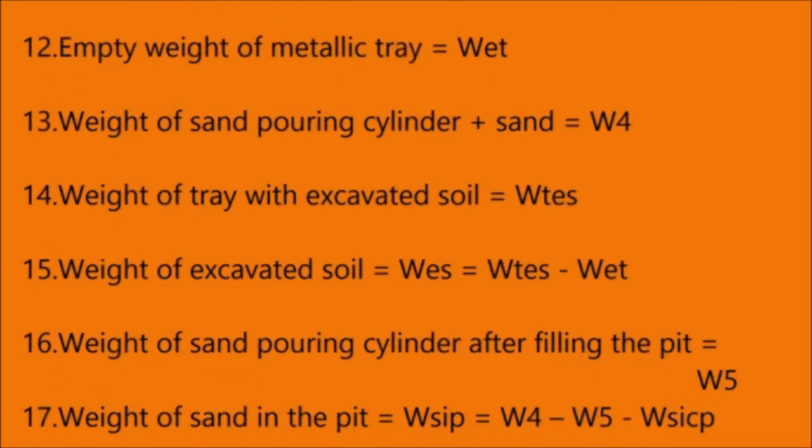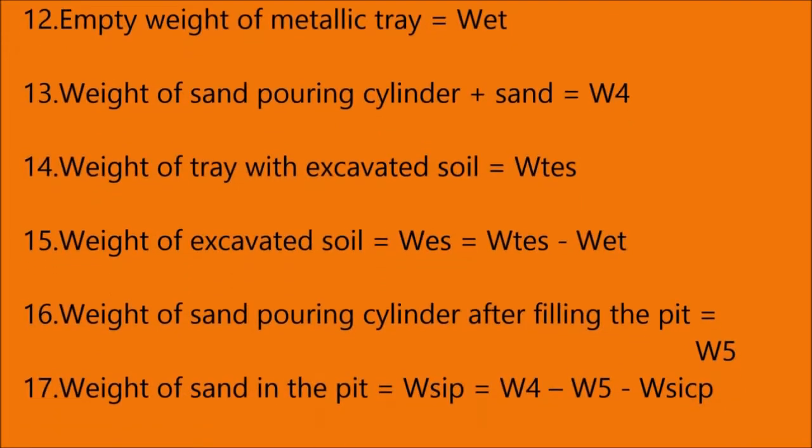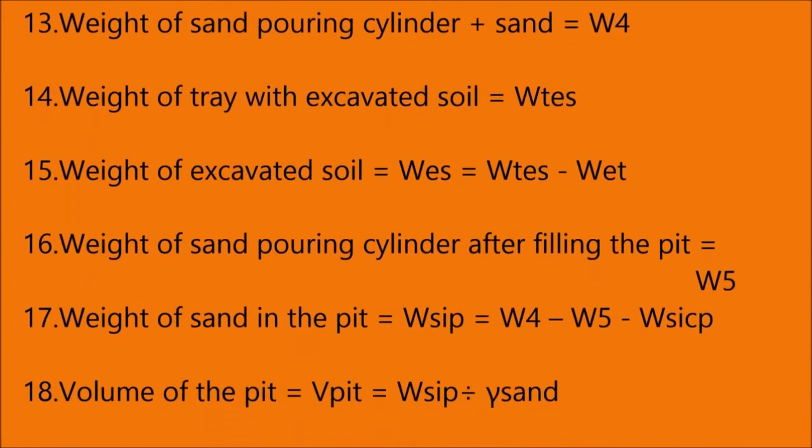Note the empty weight of the tray as WET. Again, record the weight of sand and sand pouring cylinder as W4, and record the weight of the tray with excavated soil as WTES. The weight of excavated soil is WTES minus WET.